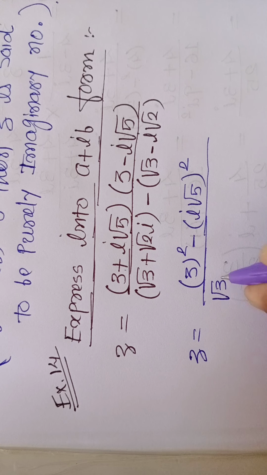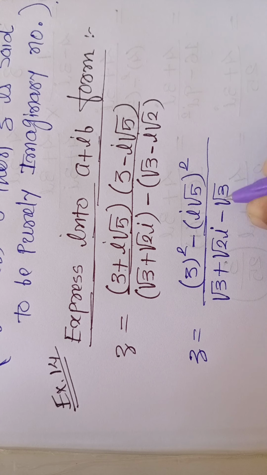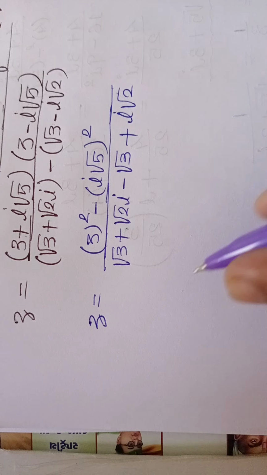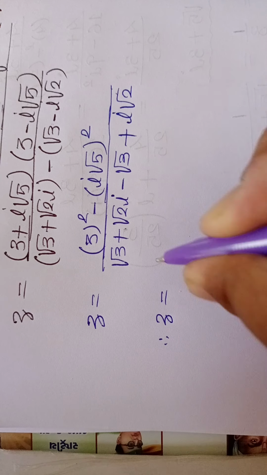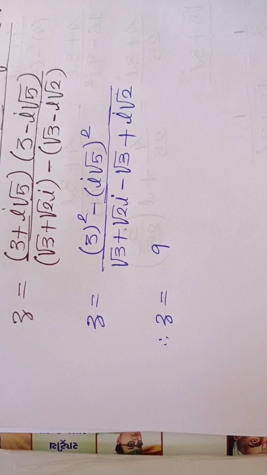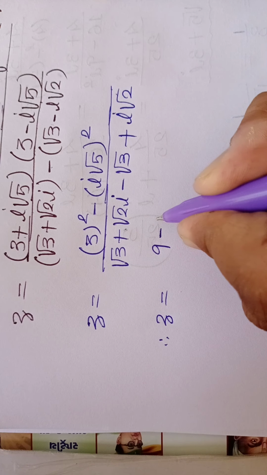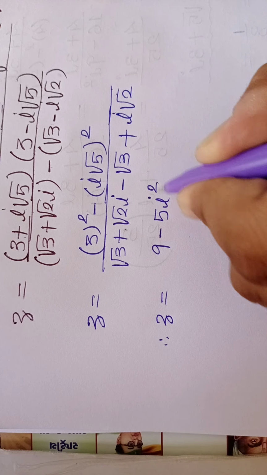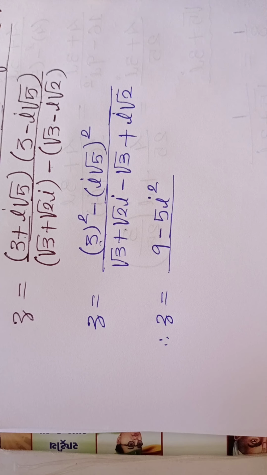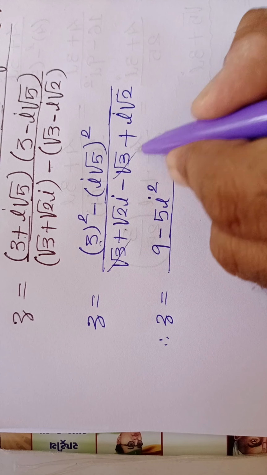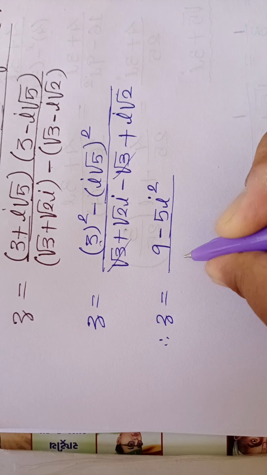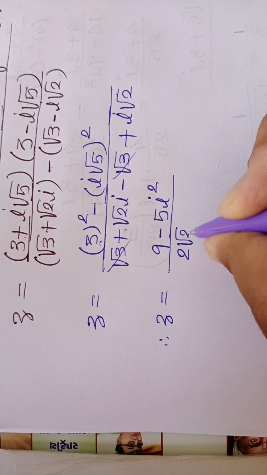Root 3 plus root 2i minus root 3, and minus minus plus i root 2 is the term, right? And therefore our complex number Z is 9, 3 square is 9, minus 5i square. My friend, 9 minus 5i square. Okay, root 3 cancels.